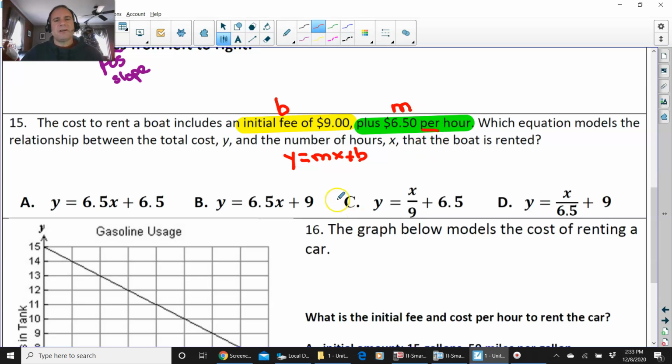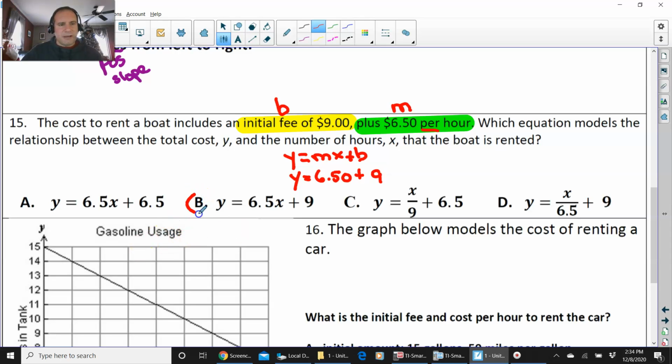Usually it says per. Sometimes both of them will say per, and it's a little confusing. But when you have plus $6.50 per hour, and that's what you're going to get charged over and over again, well, that's a little bit of an easier question. So that is my slope. So I'm going to put that in for the m. And I'm going to put that initial fee in as my b.